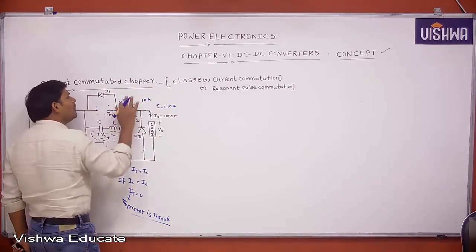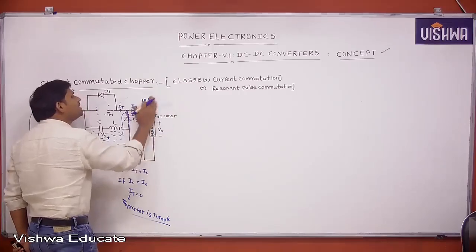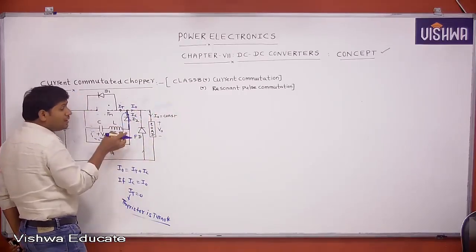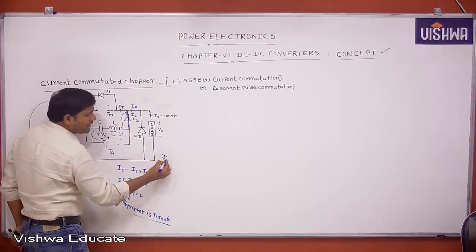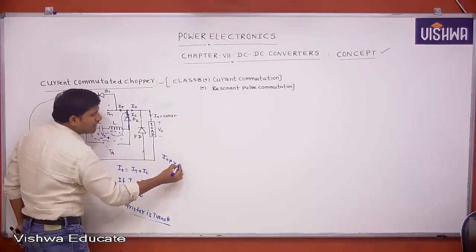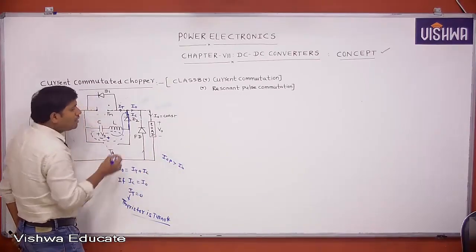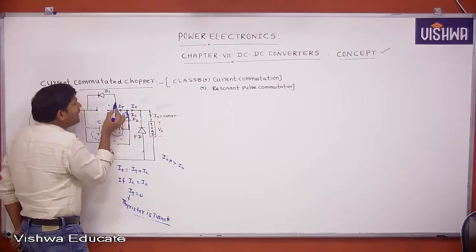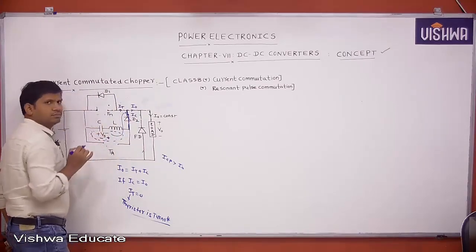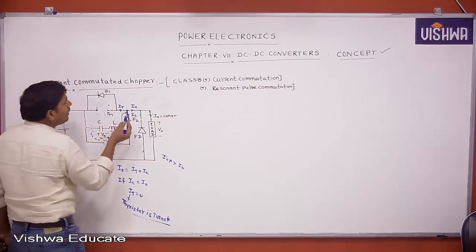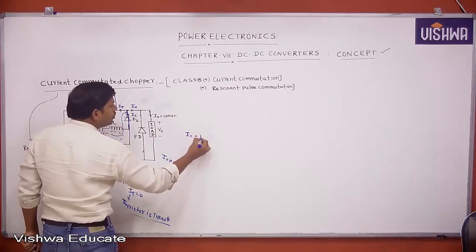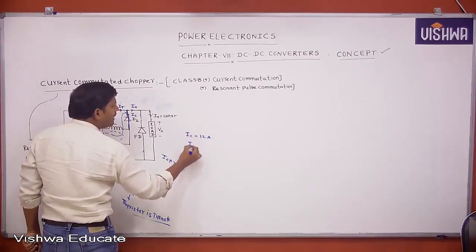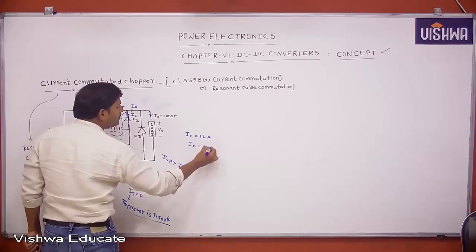But the point to remember, during this process, if IC is greater than the load current I0, then that extra current is carried by the D1 diode. For example, IC equal to 12 ampere, I0 equal to 10 ampere.